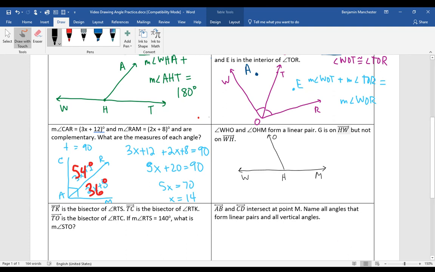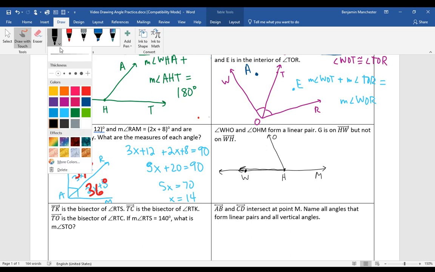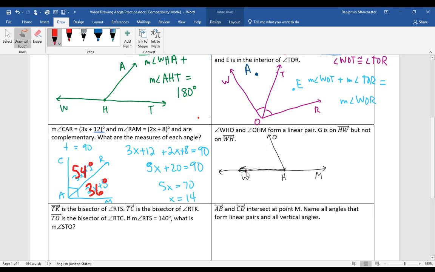G is on ray HW, so ray HW starts here and goes towards W. Okay, G is on HW but not on WH, which means, okay, so there's HW. WH starts at W, let me change colors, starts at W and goes through H.